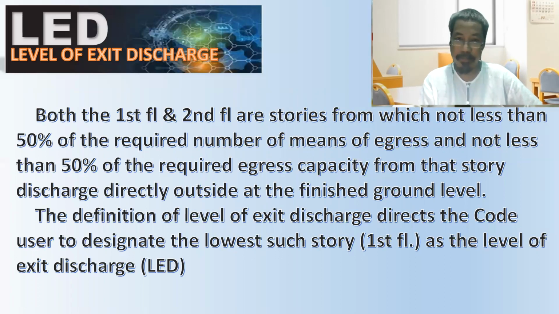So both of them satisfy. The definition of level of exit discharge directs the code to designate the lowest floor as the level of exit discharge. So if there are 2 floors with the same condition, the lowest floor would be the one selected. So the first floor would be the level of exit discharge.